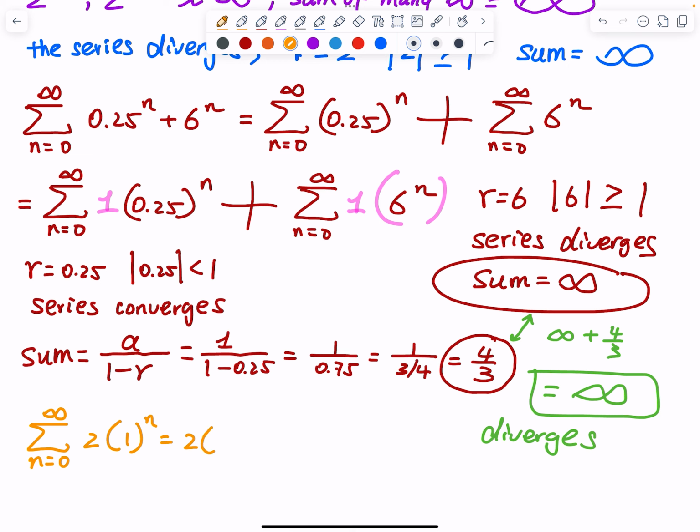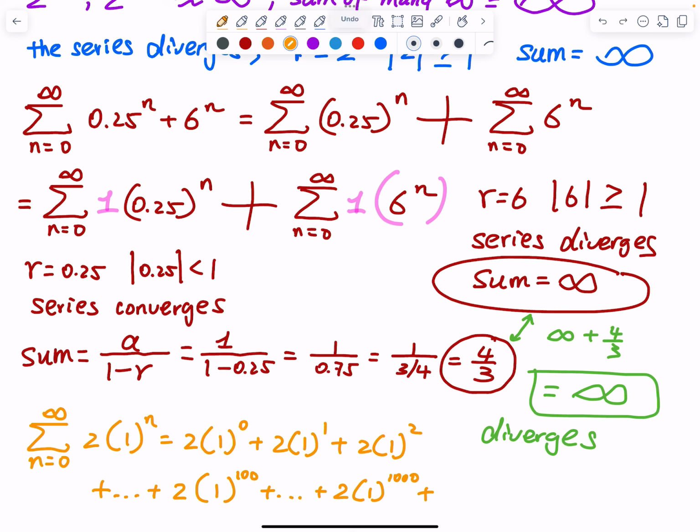So this is 2 times 1 to the 0 plus 2 times 1 to the first plus 2 times 1 to the second, right? Everything looks fine until you reach 2 times 1 raised to the 100th power, and then you keep on adding. You will have 2 times 1 raised to 1,000, and then plus 2 times 1 to the 10,000, and you are still adding.